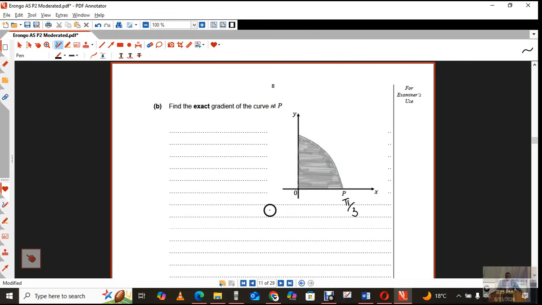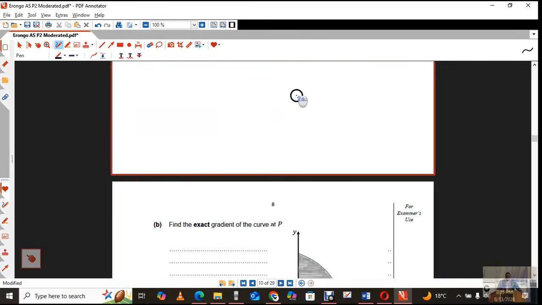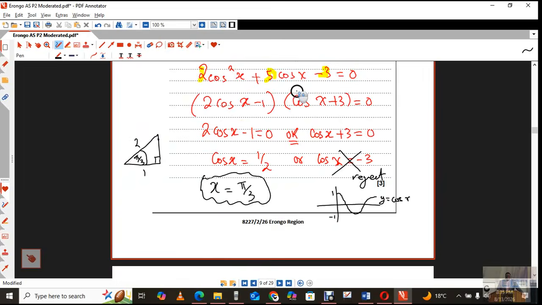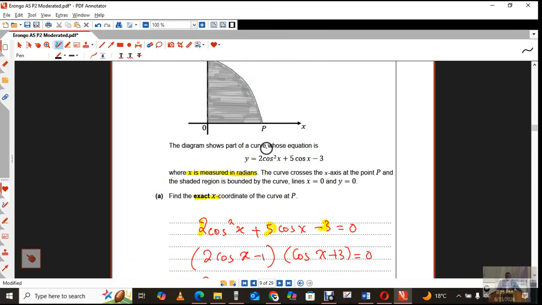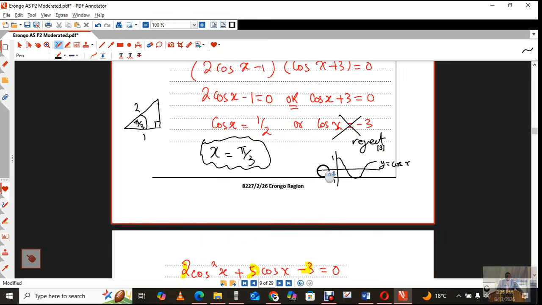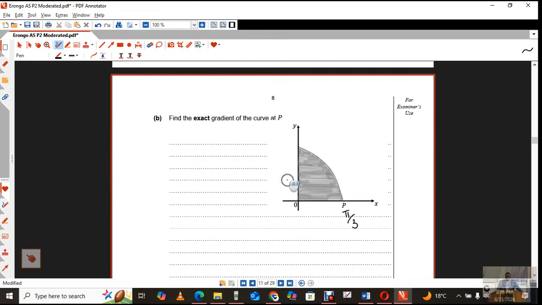What is this function originally? Okay, it's not indicated there, but the function is 2 cos square x plus 5 cos x minus 3. So I'm going to write that function down.